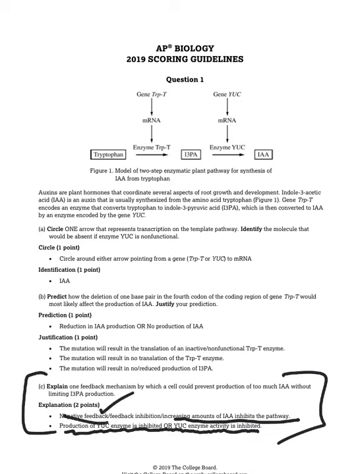Yes, you had to identify this, which is going to increase the IAA. And then you also have the production of YUC enzyme is inhibited, or that the YUC enzyme is inhibited. So the production of this or the actual enzyme activity is inhibited.